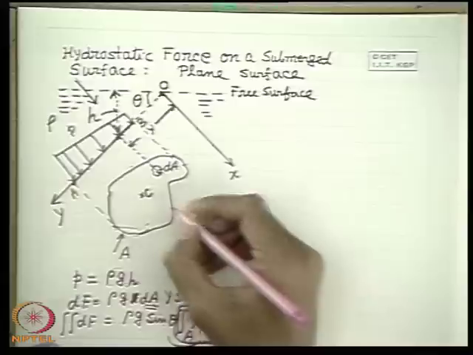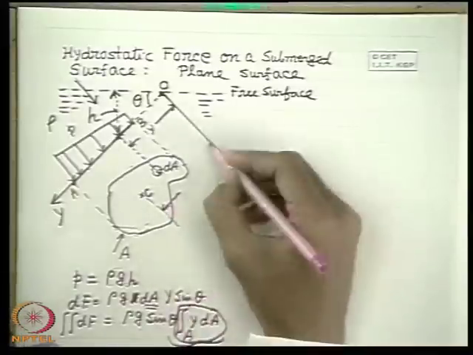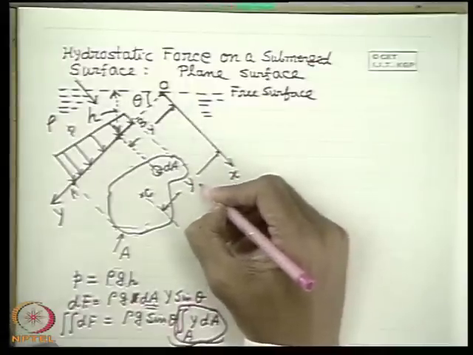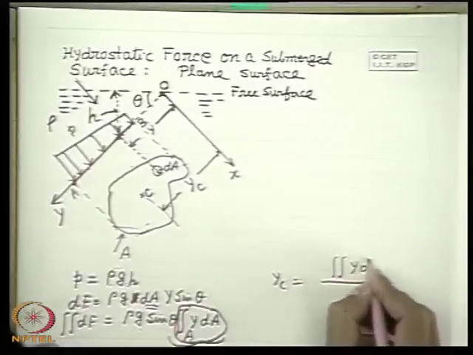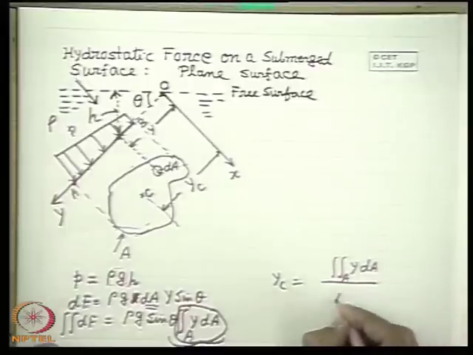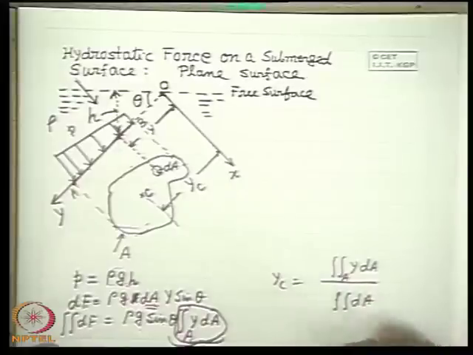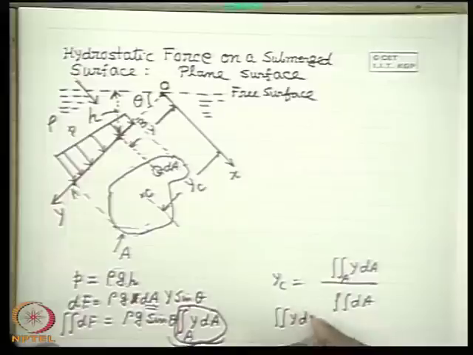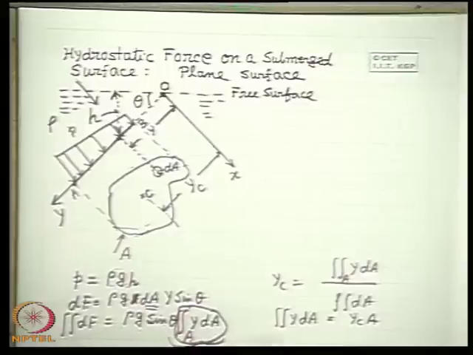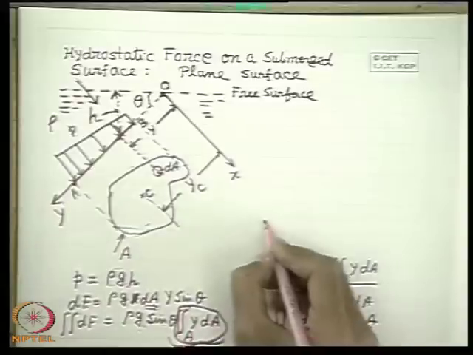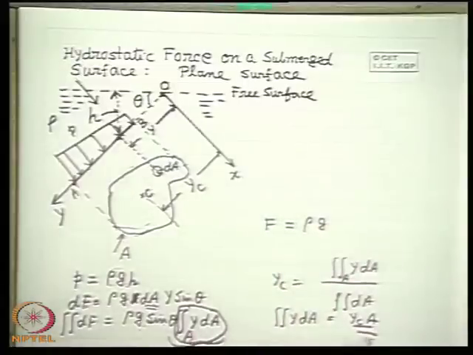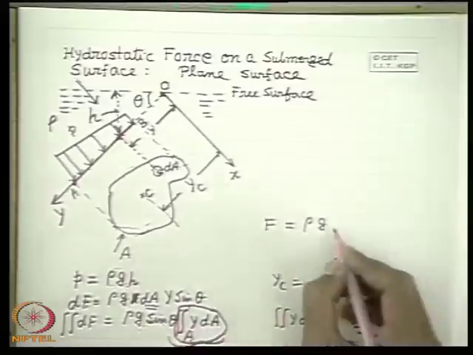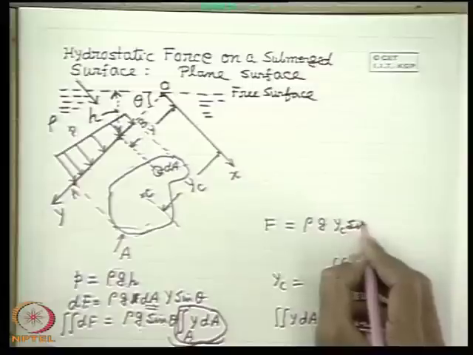If you define C as the center of area, whose y coordinate from the reference x axis is yc, then by definition yc is the first moment of area divided by the total area A. That means the integral of y dA is equal to yc into A. So if we replace this here, we get a very interesting result: F becomes rho g yc sin theta into A, instead of the integral of y dA.